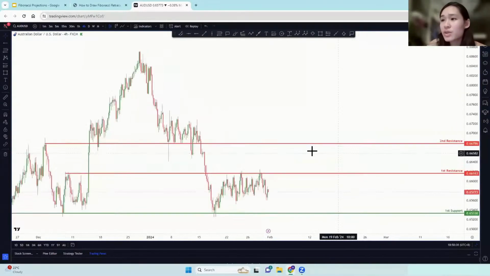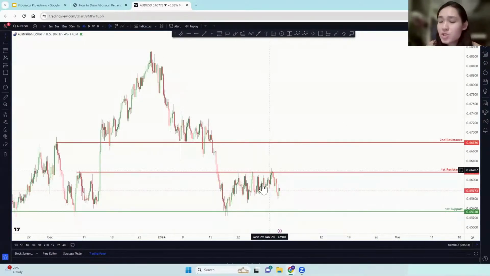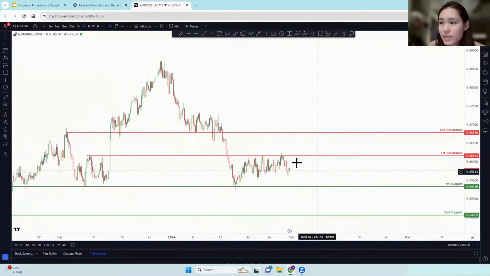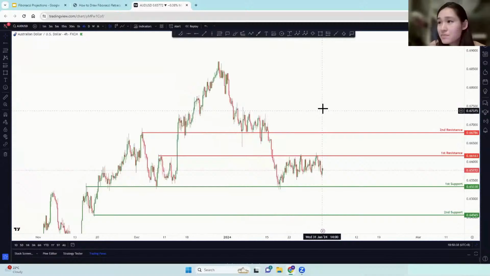I think you can see price moving within this channel here, and I think we would continue to see price kind of testing this area.